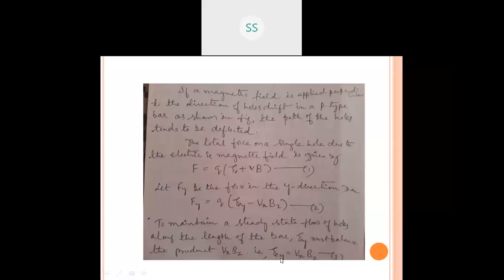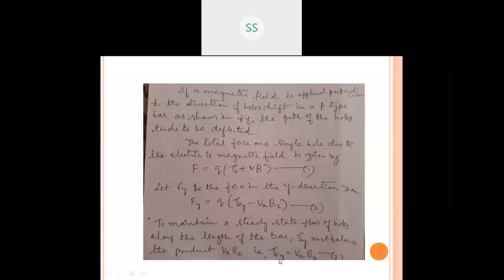In case Ey is just equal to Vx into Bz, then there is a deflection of the holes. Therefore, application of this electric field Ey more than Vx into Bz is known as the Hall effect.